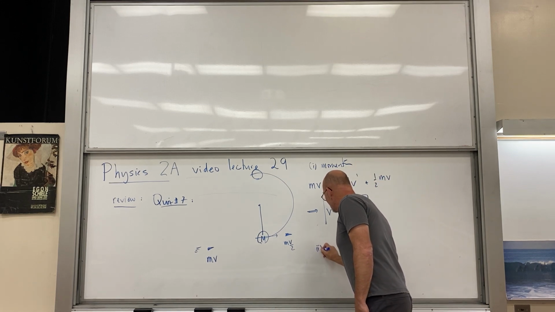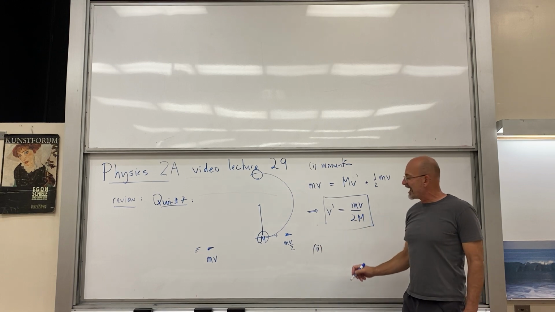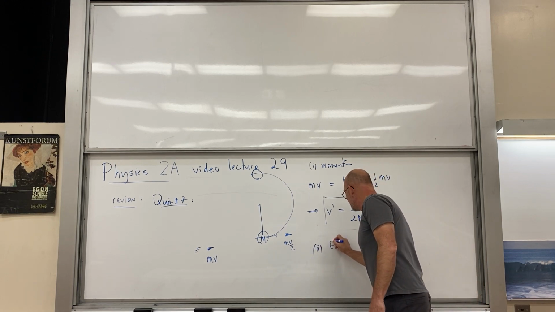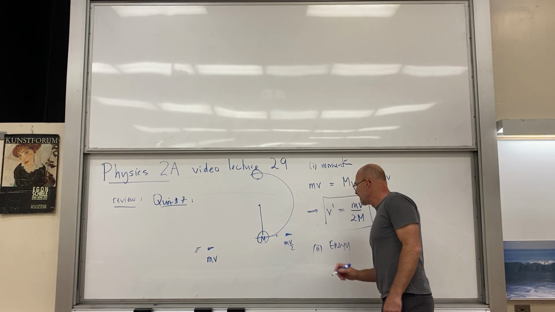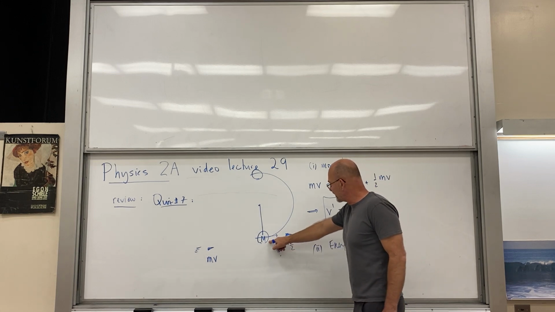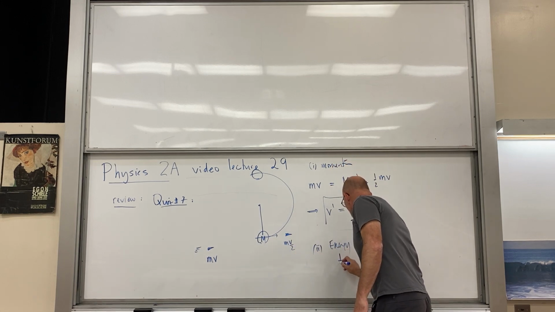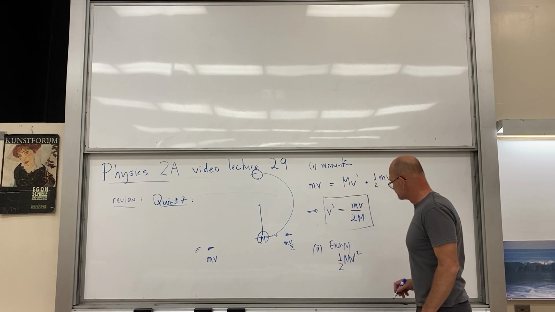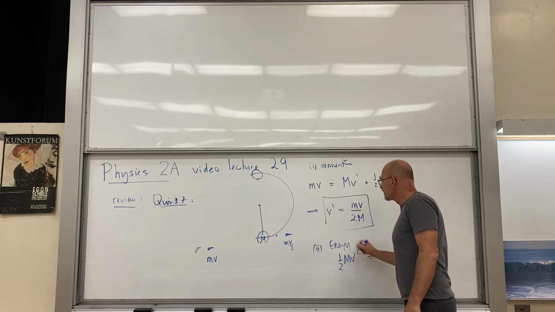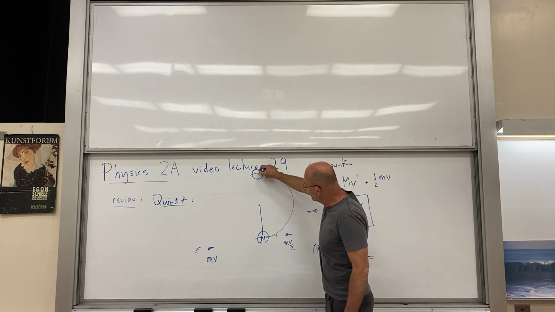Then for the pendulum bob, we have energy. It starts out with just kinetic energy, 1/2 mv prime squared, and it just barely makes it to the top here.